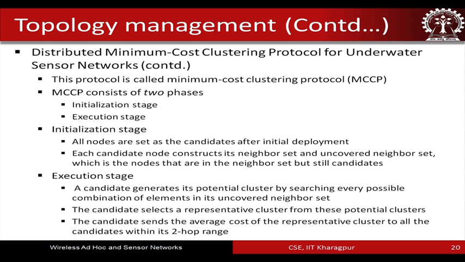In the execution stage, a candidate generates its potential clusters by searching every possible combination of elements in its uncovered neighbor set. The candidate selects a representative cluster from these potential clusters. The candidate sends the average cost of the representative cluster to all the candidates within its 2-hop range.